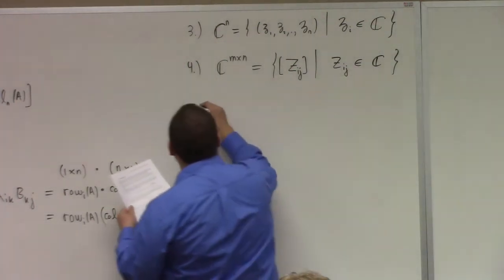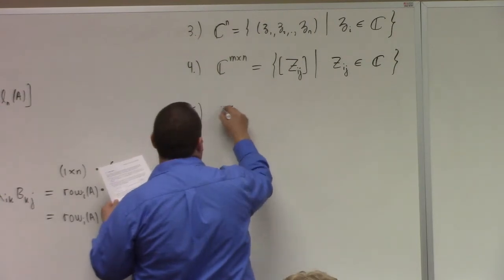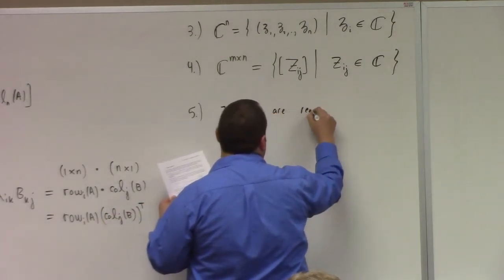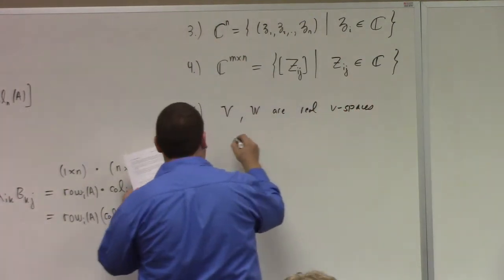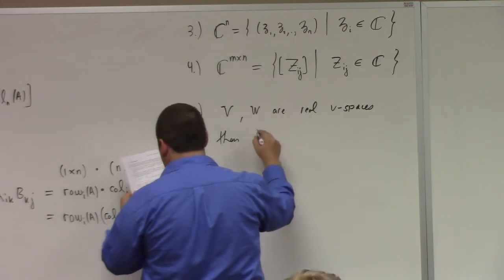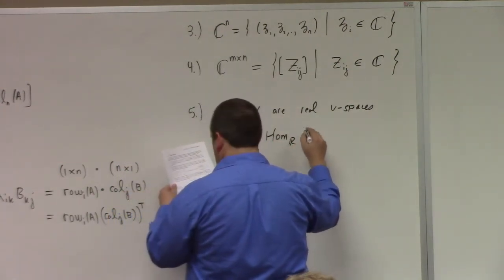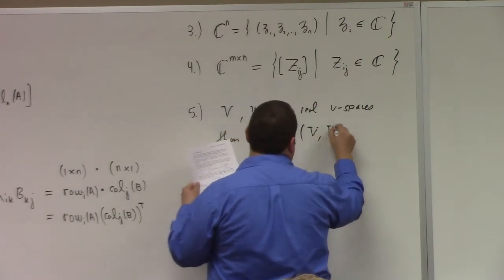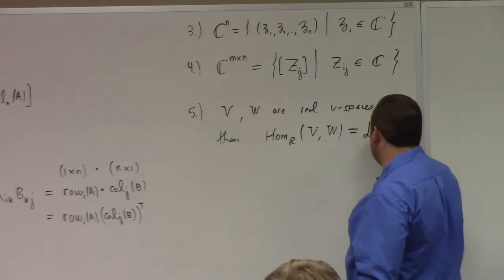And then example 5, we can talk about if V and W are real vector spaces, all right, then now in the notes at the moment I've written Hom(V, W). This is homomorphisms from V to W. I probably am going to err on the side of using the following notation instead, though.